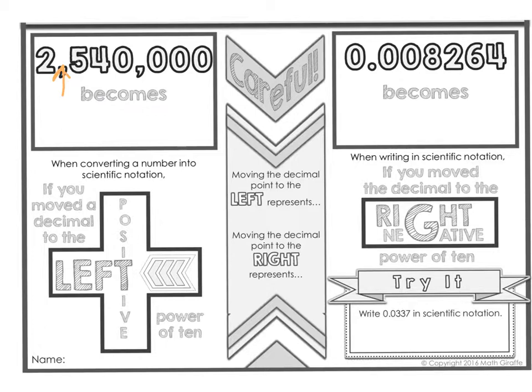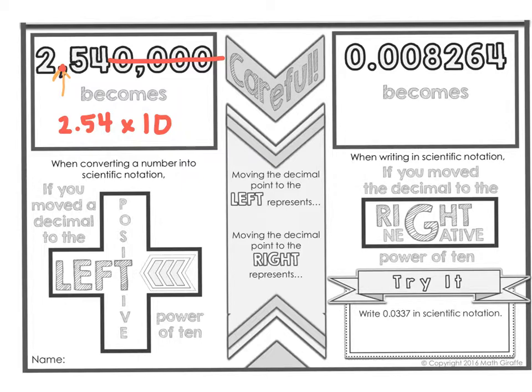So our decimal point is going to go right there. Then we're going to get rid of all of our extra zeros. So this becomes 2.54, and then we use a power of 10, so times 10, and then we have to figure out how many times we move the decimal point. That'll give us our exponent.